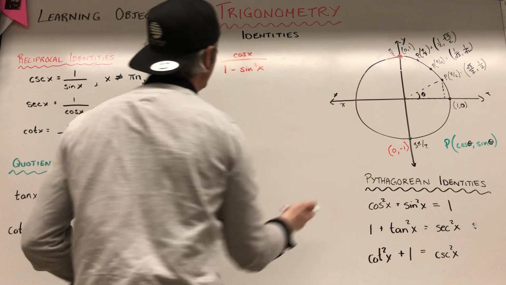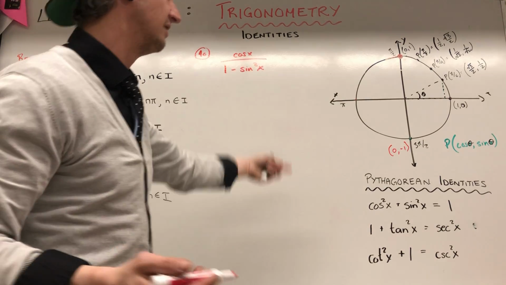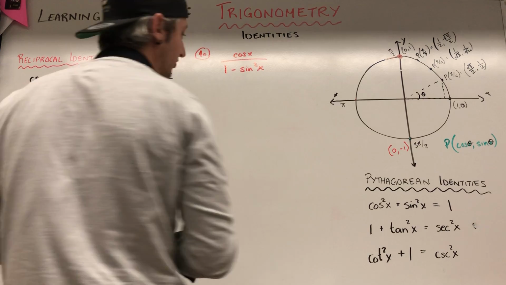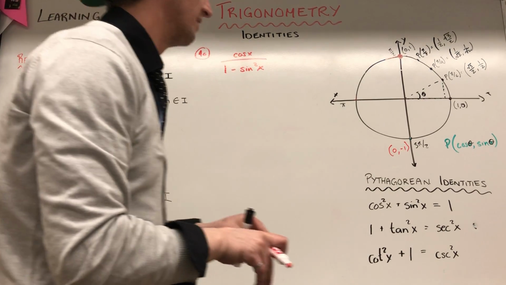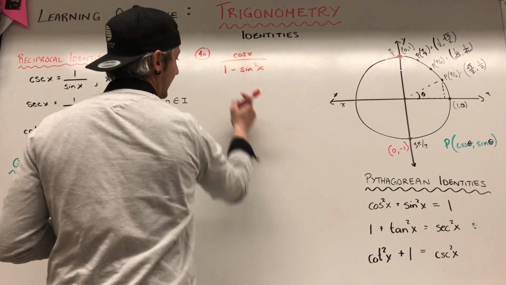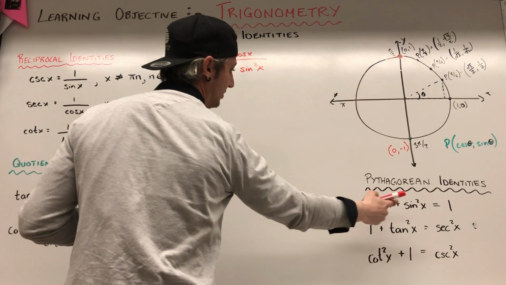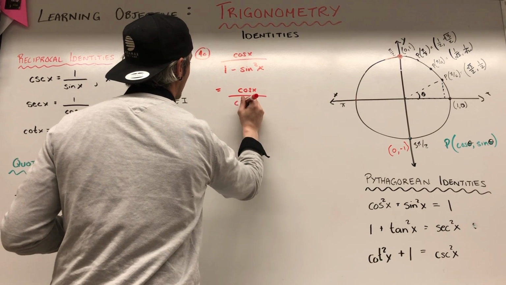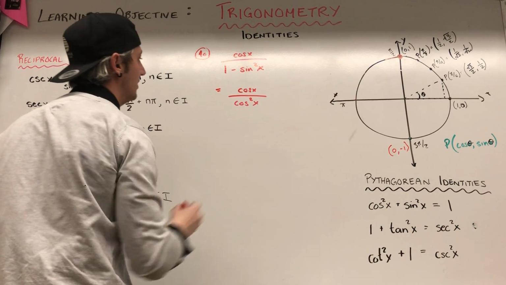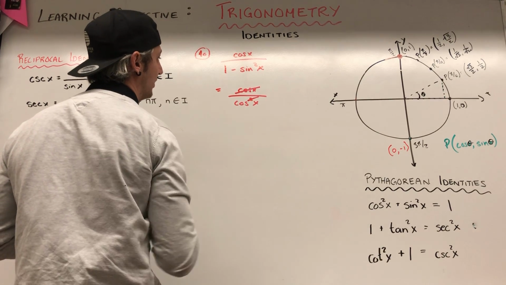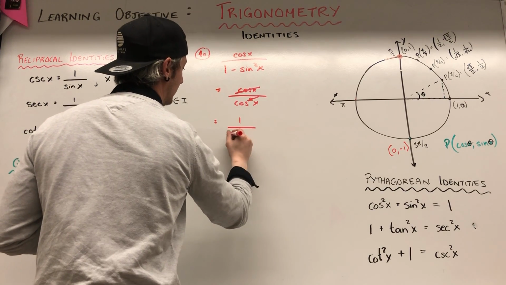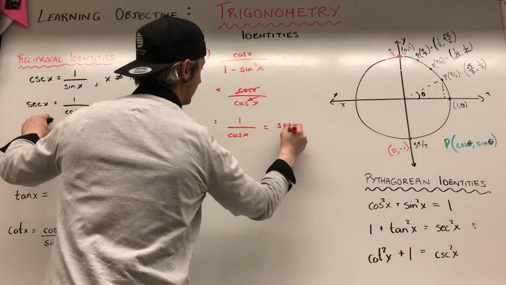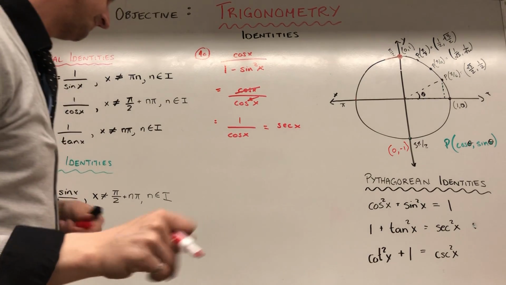The fact that there was a squared term was a hint that we're going to have to use these identities too. Math at this level basically nudges you towards the right strategy. If I isolated for cos squared x, it'd be 1 minus sine squared x. So I can rewrite this as cos x over cos squared x. Then 1 cos cancels with 1 cos, and I'd be left with 1 over cos x, or secant x. That's the answer, secant x.